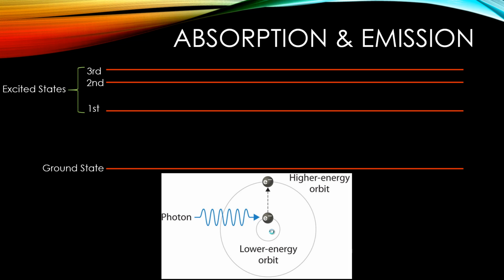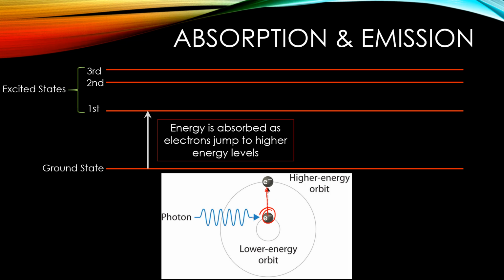We can actually see that in this diagram here. We have an electron here, and as it goes from a lower energy level to a higher energy level, it's absorbing a photon of light. And as it does that, it can go to the first excited level, the second excited level, or even the third excited level.